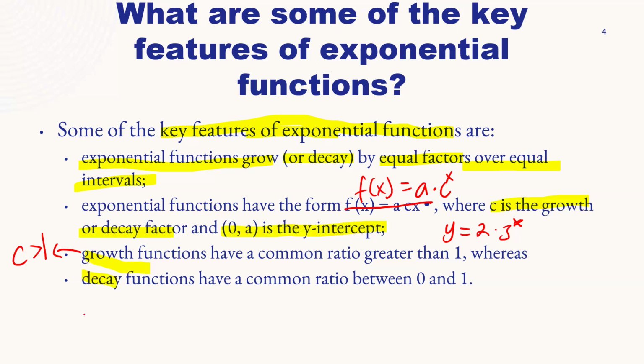Your decay functions have a common ratio between 0 and 1, meaning my C is greater than 0 but less than 1. Okay? So those are the main things so far that we should have written down in our handy dandy notes reviewing exponential functions. Questions, comments, concerns?